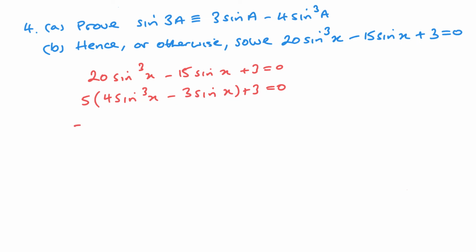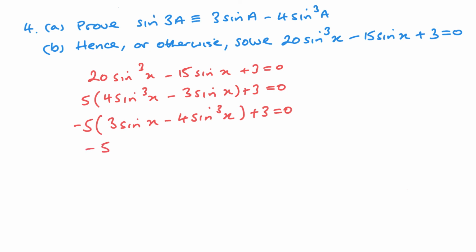So if I actually take a negative out, so negative 5 is one taken outside, I get 3 sine x minus 4 sine cubed x plus 3 equals 0. Now, what's inside my brackets is exactly the same as this. So I can replace that with a sine 3a.